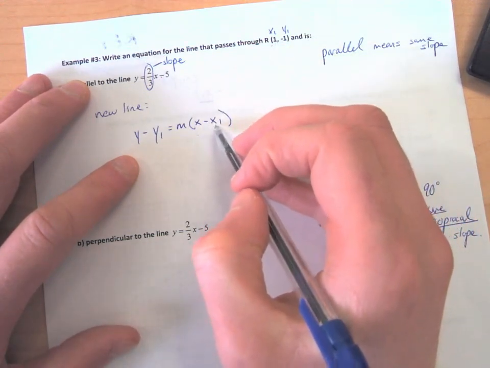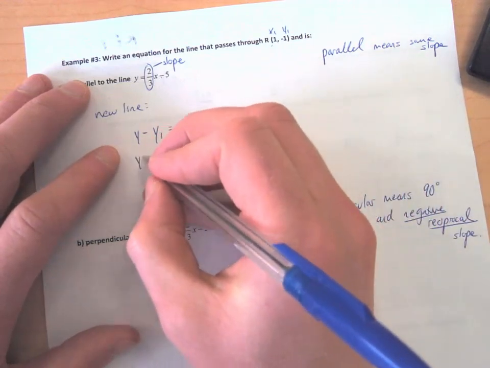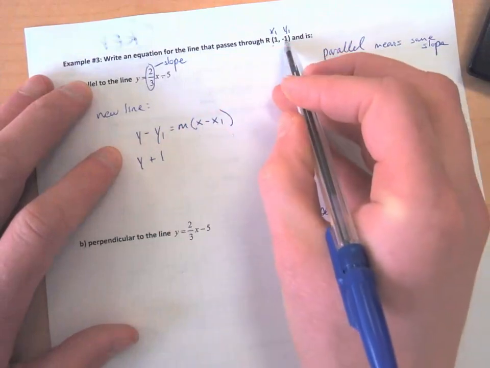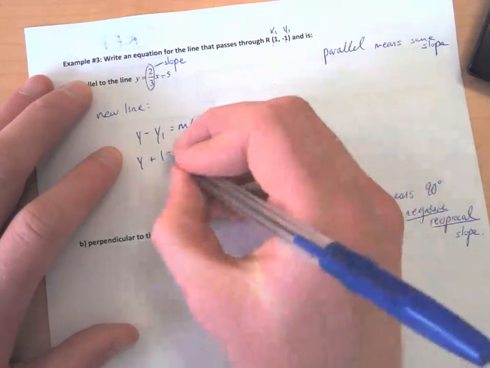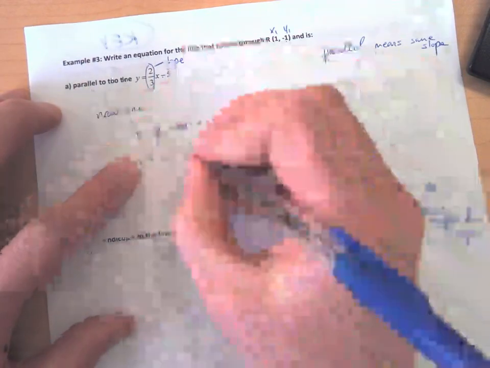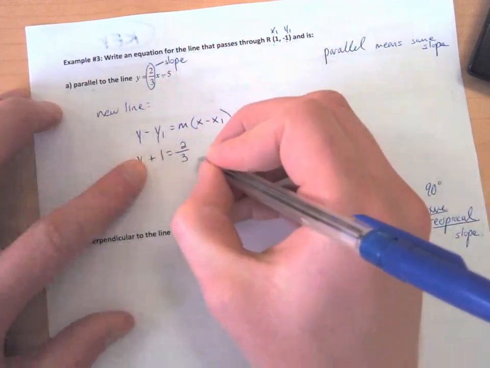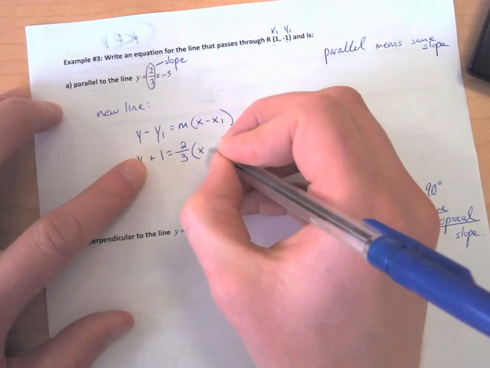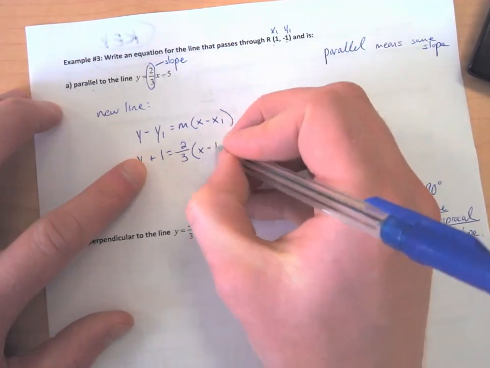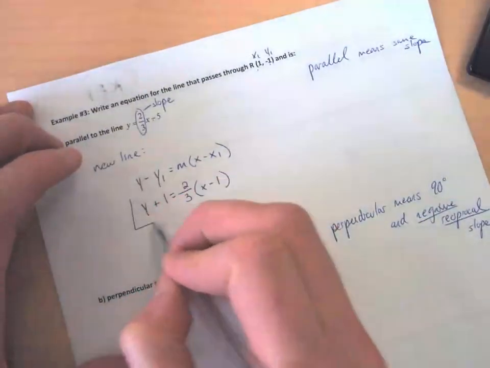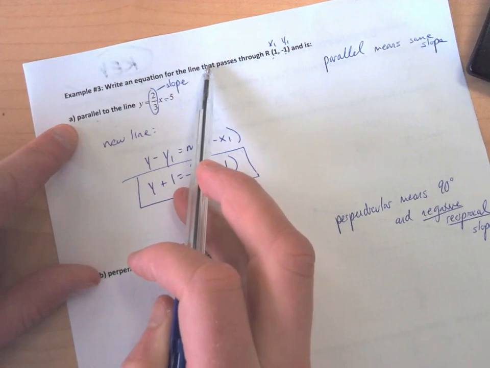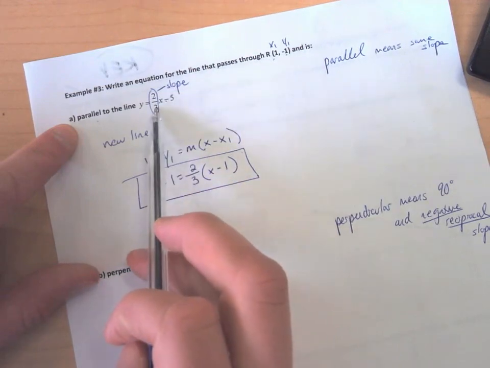So we're going to have to write y plus 1 instead of negative 1 there, equals our m value, which will be the same because it's parallel, 2/3, and then we have x, and instead of positive 1 we're going to use negative 1. And we just found the point-slope form for this new line that's parallel to this one and goes through this point.